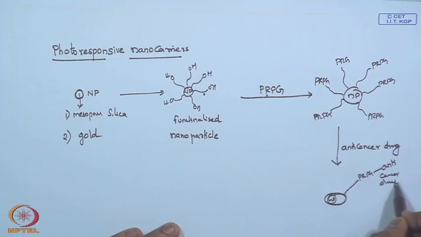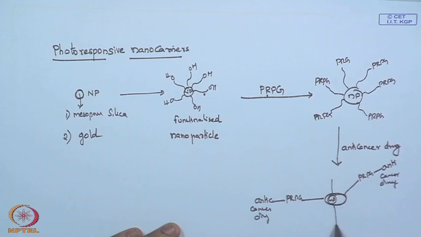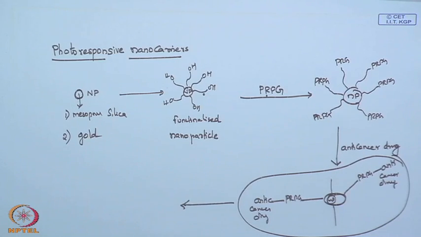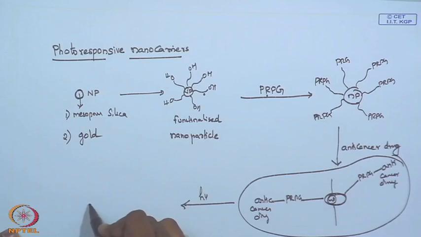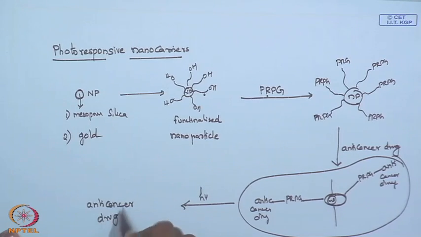The whole system gets into the cell. Now, when you shine light on this, you can see your anti-cancer drug is released in a controlled fashion. So that is a new area slowly coming up.